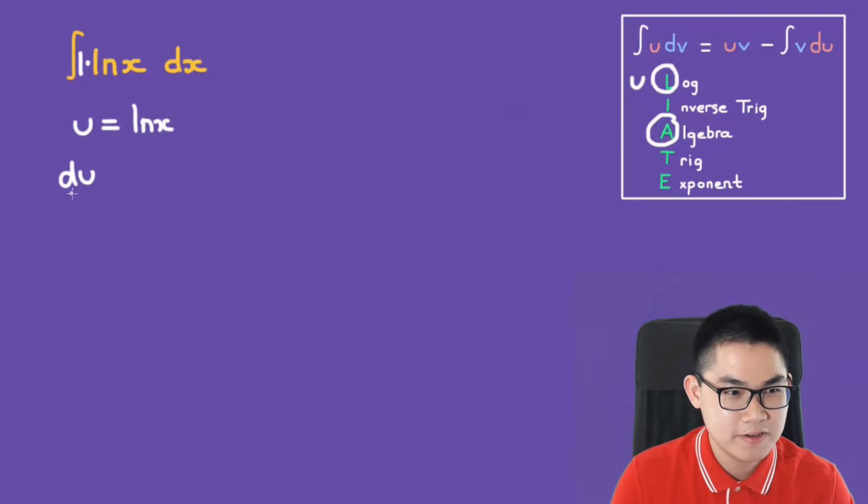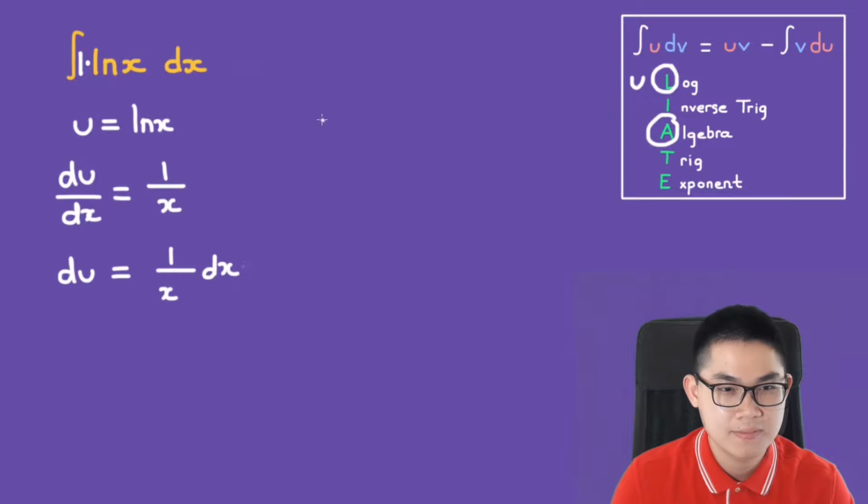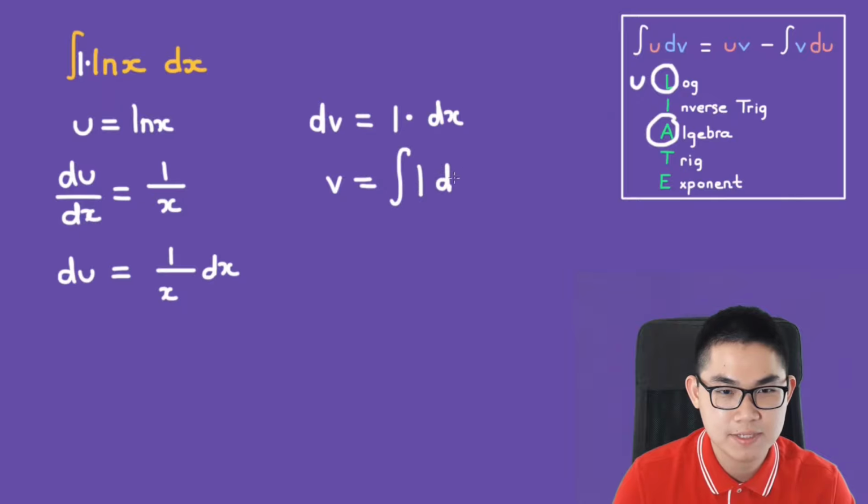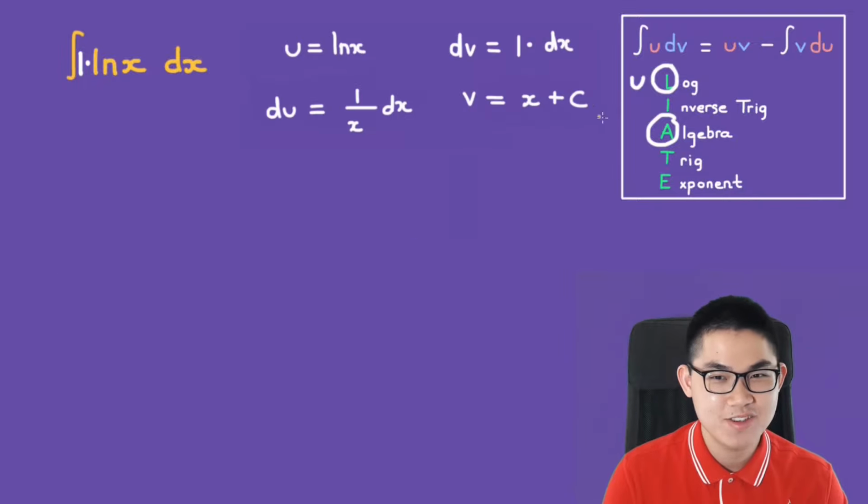So the derivative of ln of x is 1 over x. So du is equal to 1 over x dx. How about dv? So dv is the 1 and the dx. So 1 times dx. So v is equal to the integral of 1 times dx, which is simply x plus c. And using our formula, we have u times v.